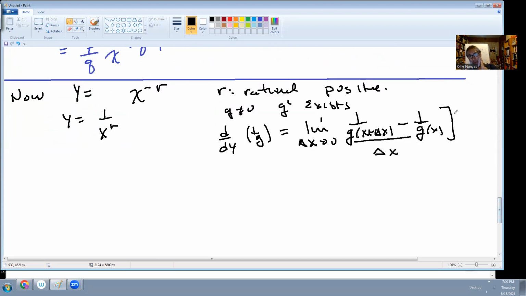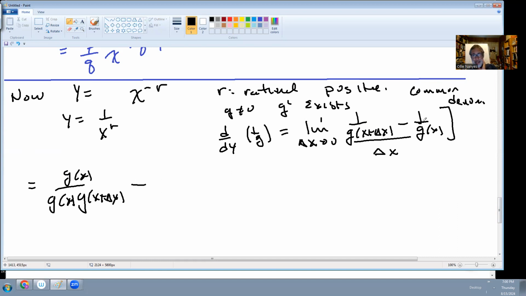Now we see right here, algebraically, we have different denominators, so we want a common denominator. The way you do that is multiply top and bottom by g of x, and here you multiply top and bottom by g of x plus delta x.